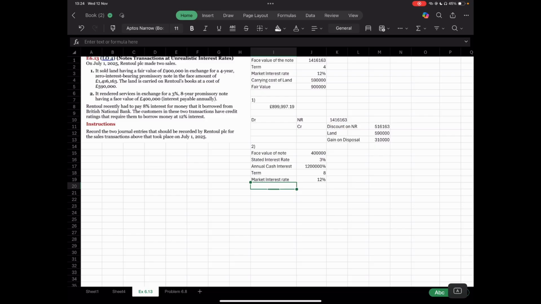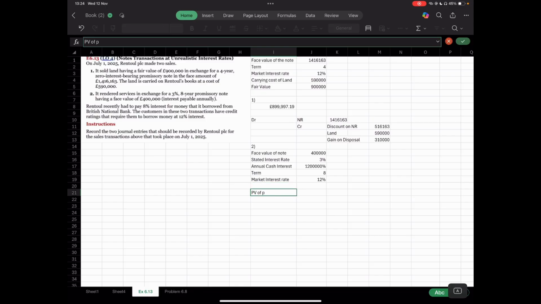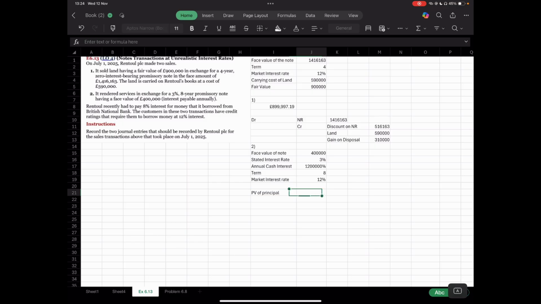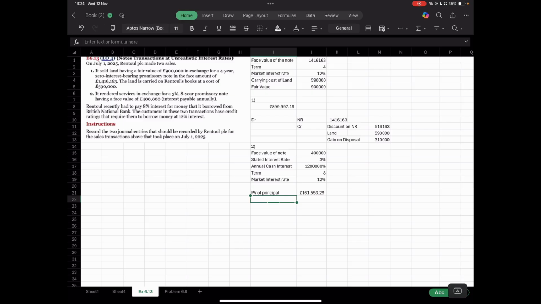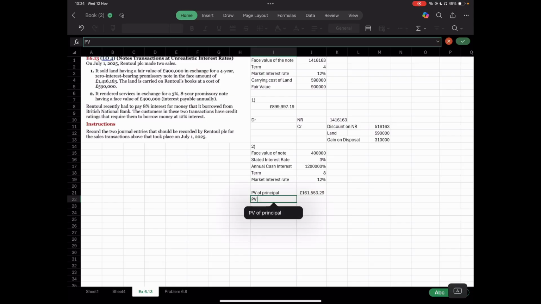And we need to find the present value of both. Now we find the present value of the annuity.